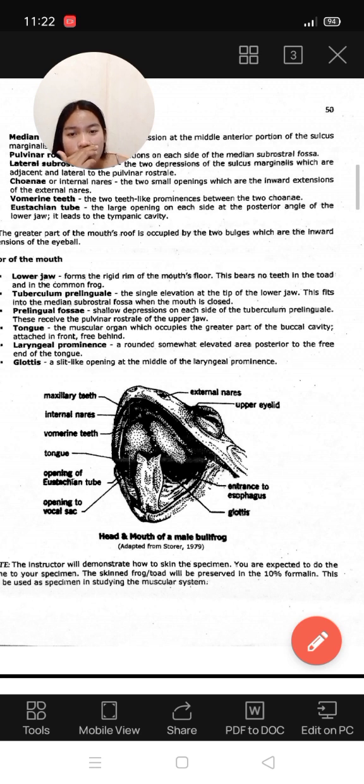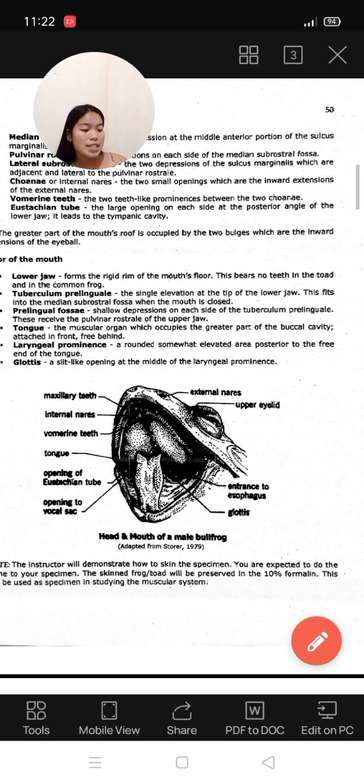Laryngeal prominence, a rounded, somewhat elevated area posterior to the free end of the tongue. The laryngeal prominence is a cartilage, a supportive and protective structure.